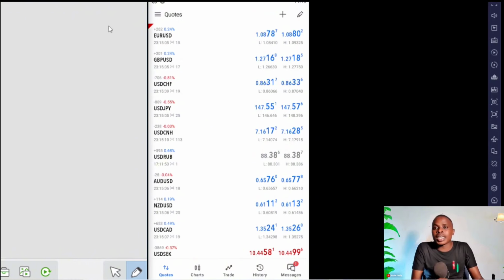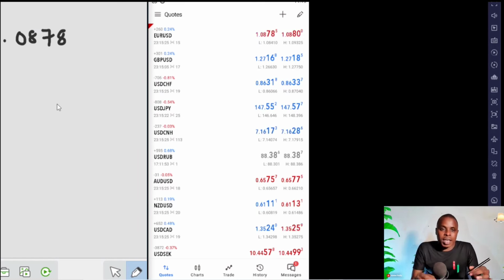The exchange rate is 1.0878. That's the exchange rate, and the currency pair, of course, is Euro USD. So you can see here.